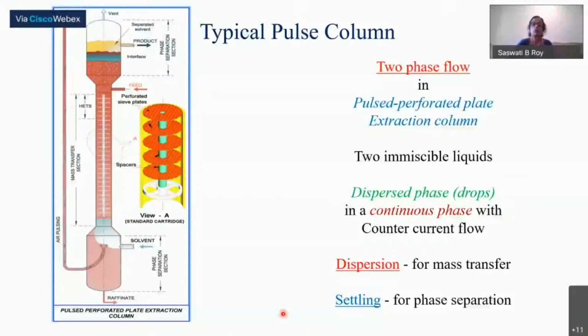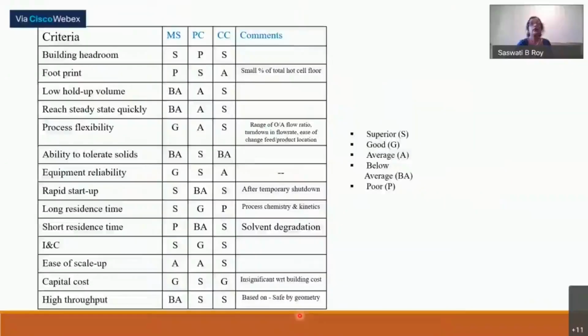So this is more important for the back end. Now there is one more contactor. This is the chart which we generally use for selection of the equipment.